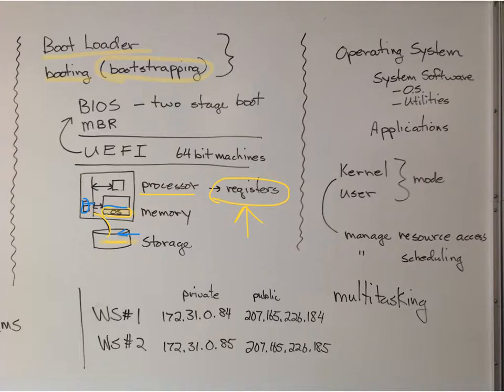Actually, the old BIOS, that would be a two-stage process. It would look at that master boot record and get enough information from there to be able to access more information in order to load the operating system. Well, most computers now use the unified extensible firmware interface, on most 64-bit machines.